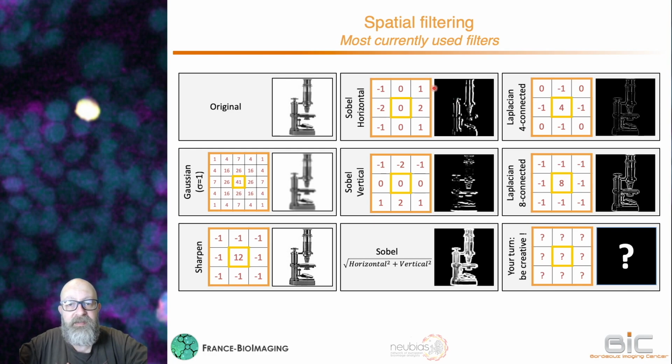If you tilt this matrix, then it is the horizontal lines that you will enhance. And if you sum the square of the two results, then you would have enhanced all the outlines of your objects.